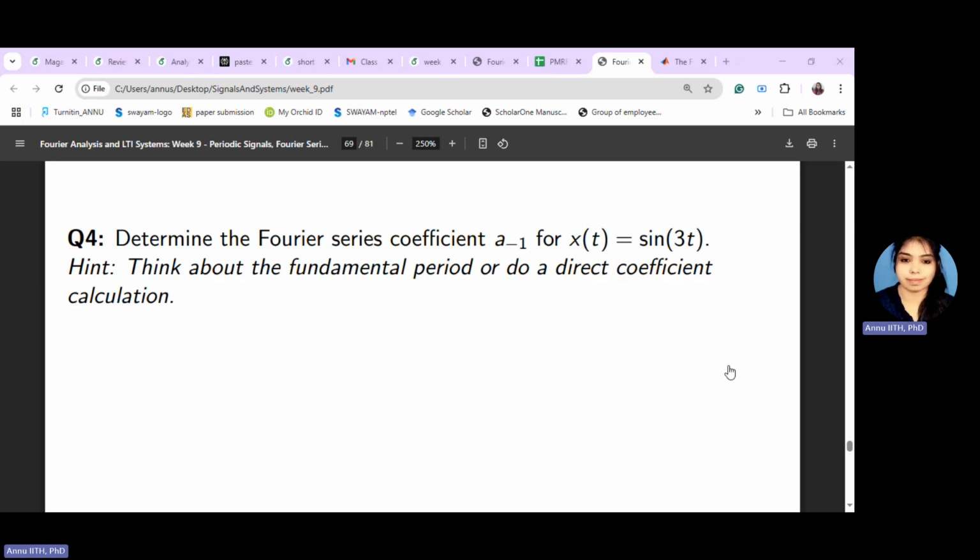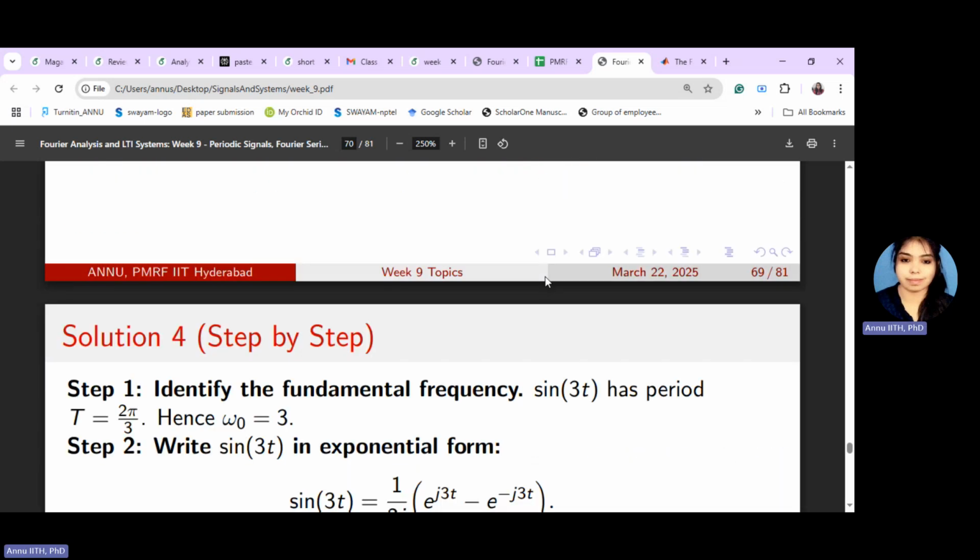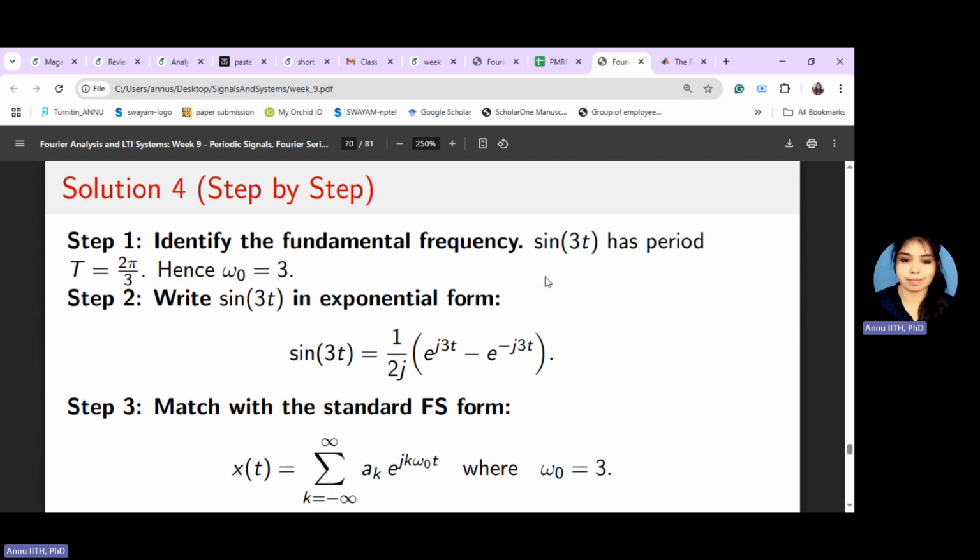So I will show you the steps. Laptop is hanged up. So the fundamental frequency: sine of 3t has period T equals 2 pi by 3, where omega naught equals 3.